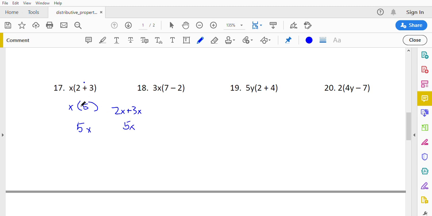So here you actually have the choice. You can either add these together, then multiply, but since we're doing the distributive property, we should be doing 2 times x, 2 times 3. Good? Alright, 3x times 7 is going to be, well, 3 times 7 is 21, and 3x times negative 2, so keep that minus sign, it's going to be 6x.